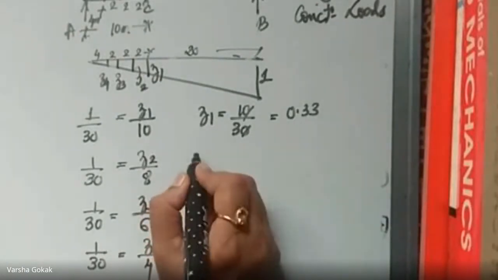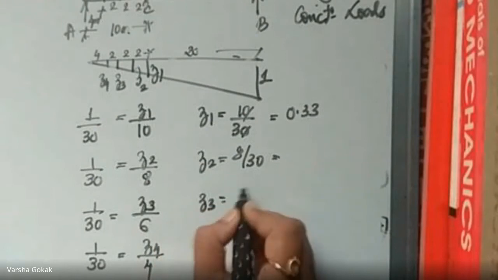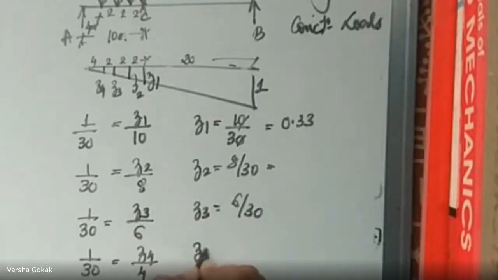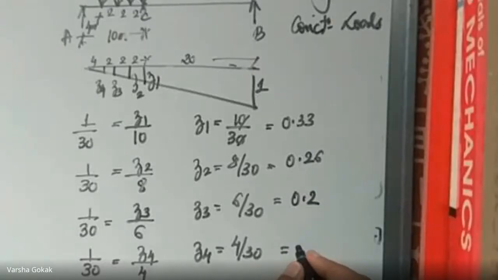So Z2 is 8 by 30, Z3 is 6 by 30 and Z4 is 4 by 30. What are these values, please? Z2 is 0.26, Z3 is 0.2 and Z4 is 0.133.